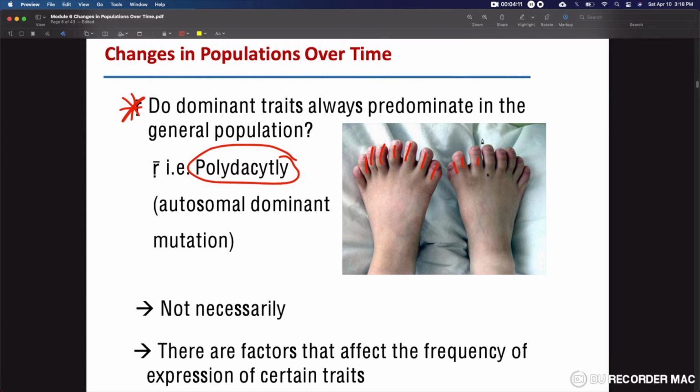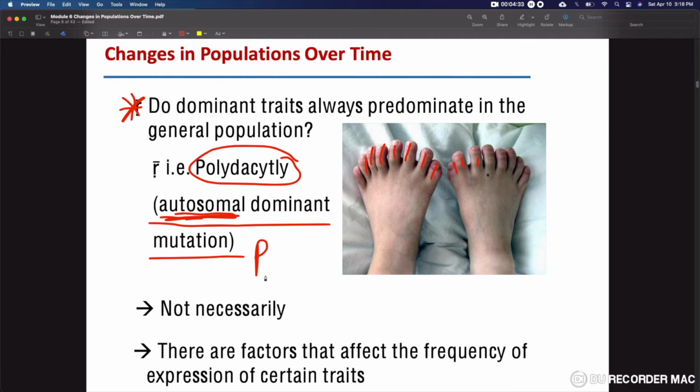Okay? So polydactyly, this condition is what we call lucky, right? Anyway, polydactyly is an autosomal dominant mutation, meaning you only need one copy. So say, for example, this is for polydactyly.